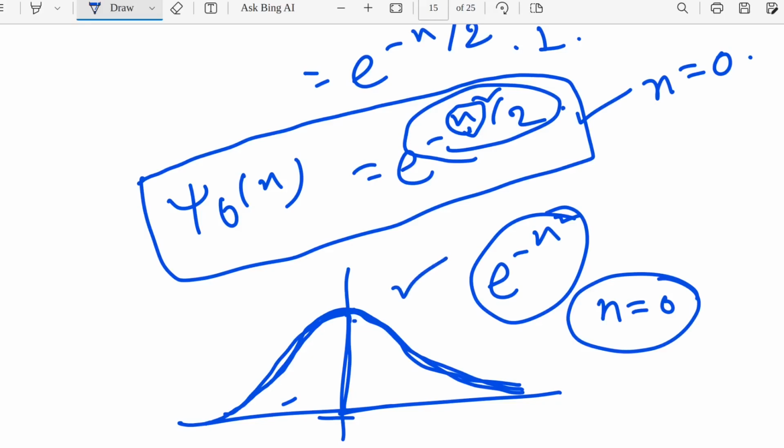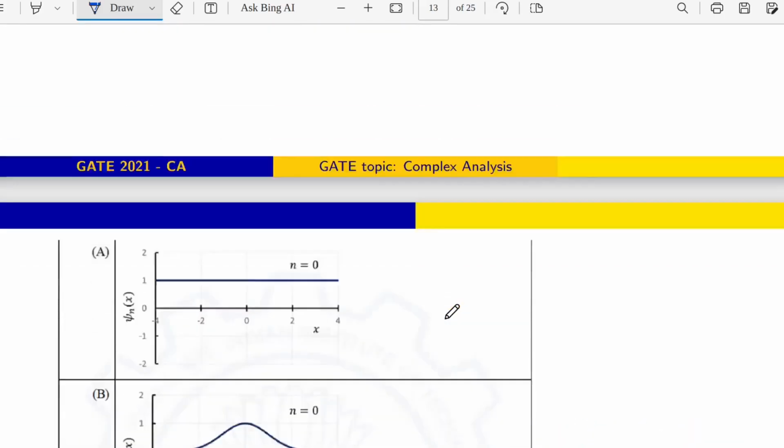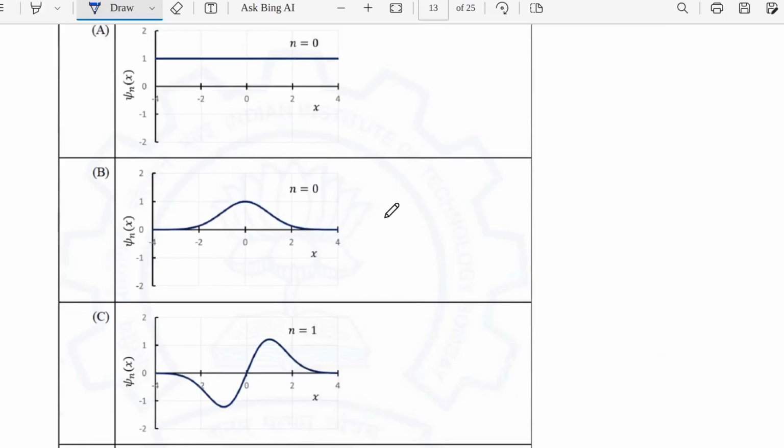So this is the plot for the n equals 0 term. Now we have to match this with the options. You can see here this is the 0 point, and from here to here there is a decreasing nature, and from here to here also there is a decreasing nature. So that means option B will be the correct one for the n equals 0 mode.